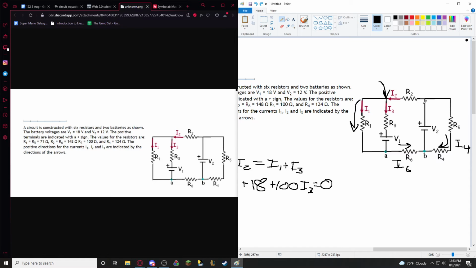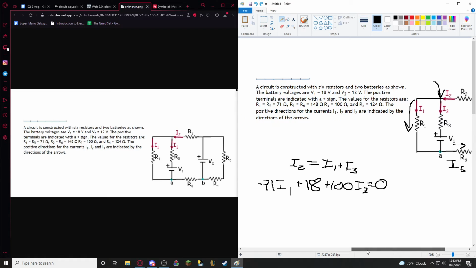We're going to go up. So we'll go plus V2, which is 12 volts. So plus 12, and then we're minus R2 I2. So minus 148 I2, minus 100 I3, and then we go through V1, but we're going against it, so it's minus 18 volts.